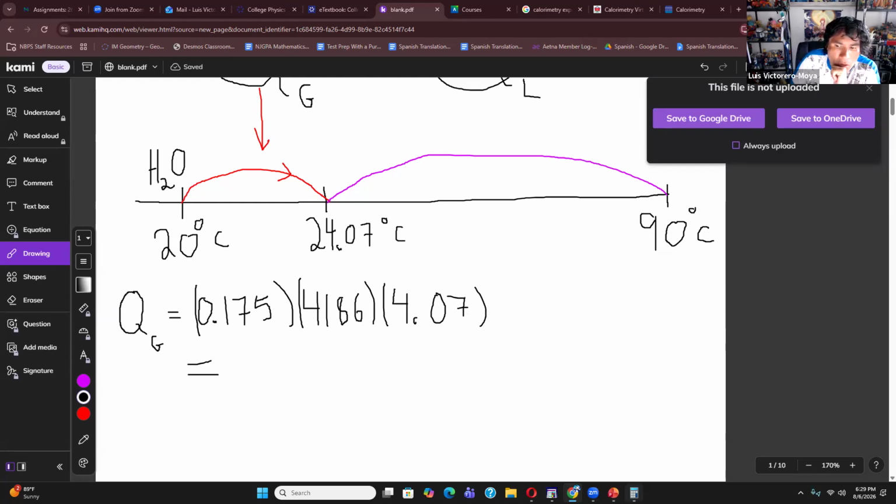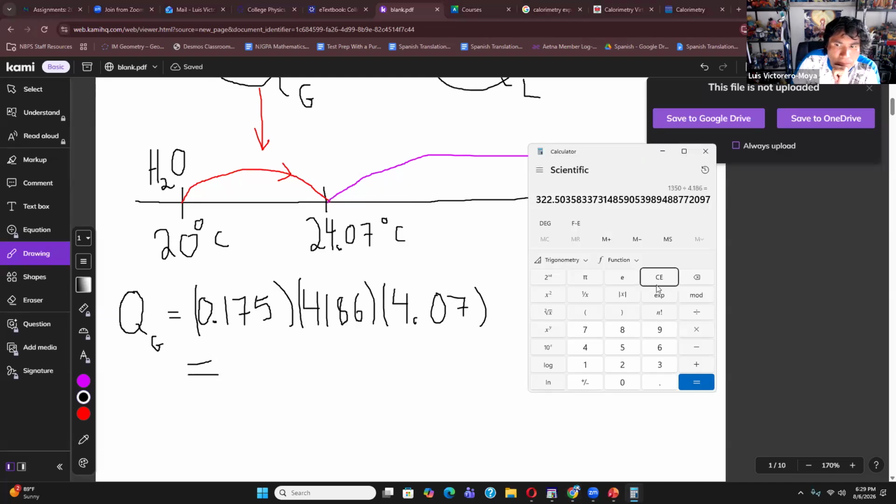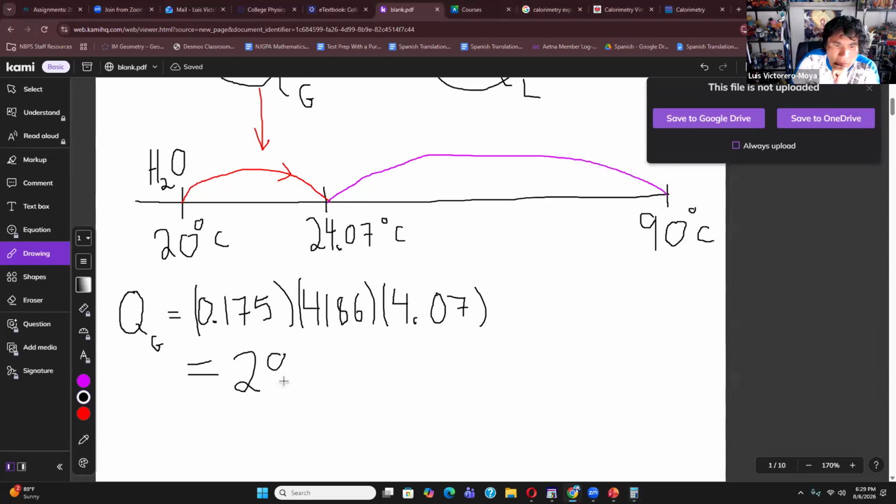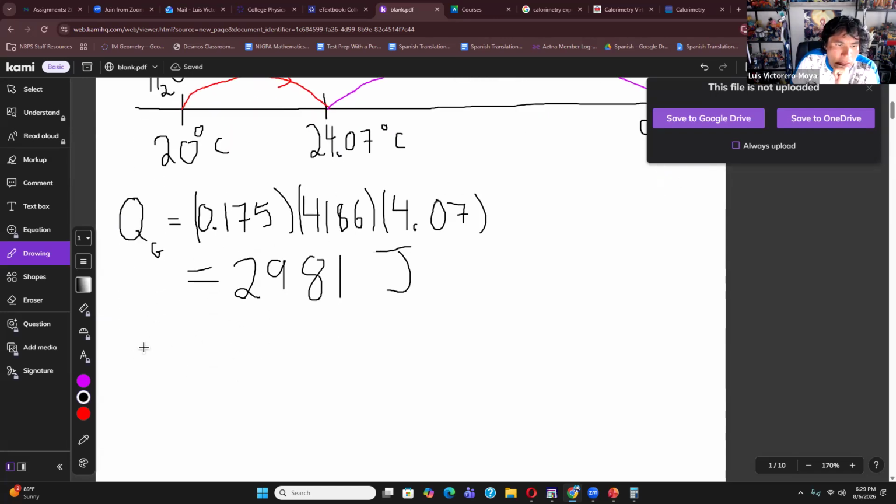So let's do the math. 0.175 times 4186 times 4.07. So that's 2,981 point, yeah, 2,981. Let's round it like that. Let's leave it like that. Joules.